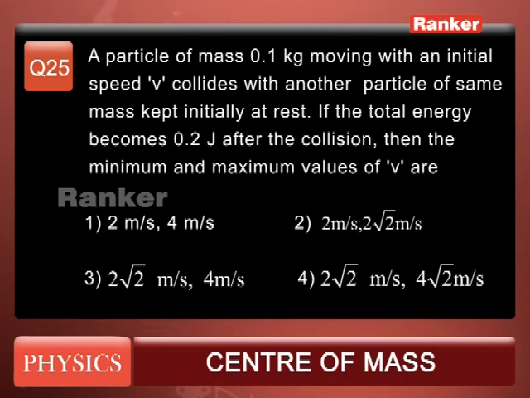One option here: 2 meter per second, 4 meter per second. Second option: 2 meter per second and 2 root 2 meter per second. Third option: 2 root 2 meter per second and 4 meter per second. And the fourth option: 2 root 2 meter per second and 4 root 2 meter per second.